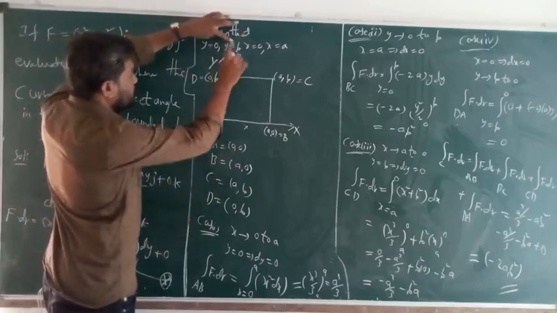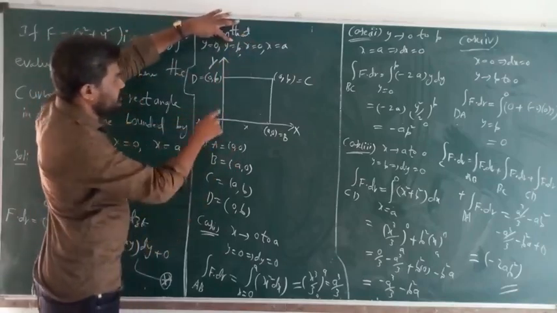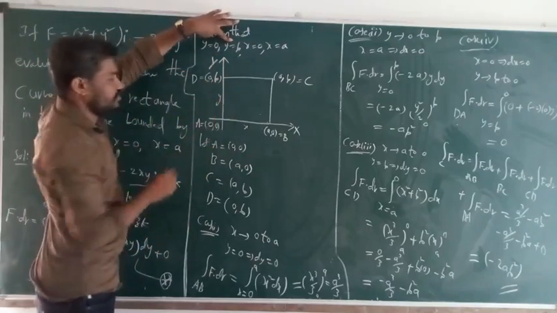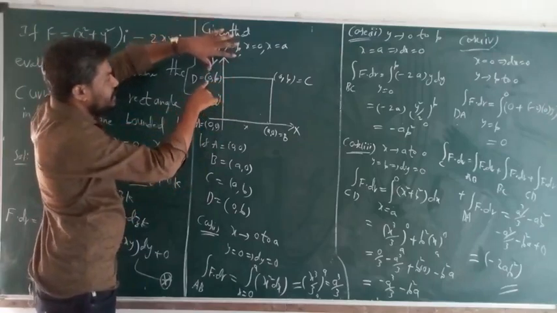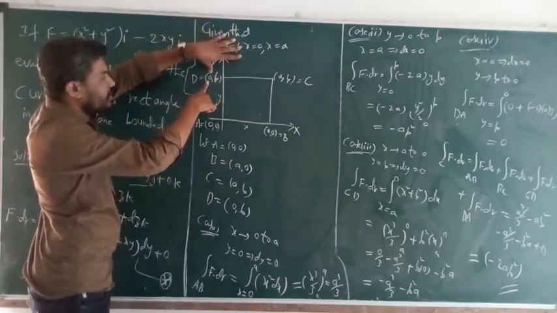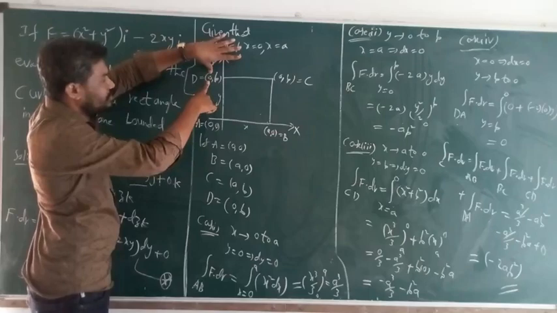Next, y = b means this distance from the origin is b along the y-axis, where the x value is 0, so this is another point (0, b).